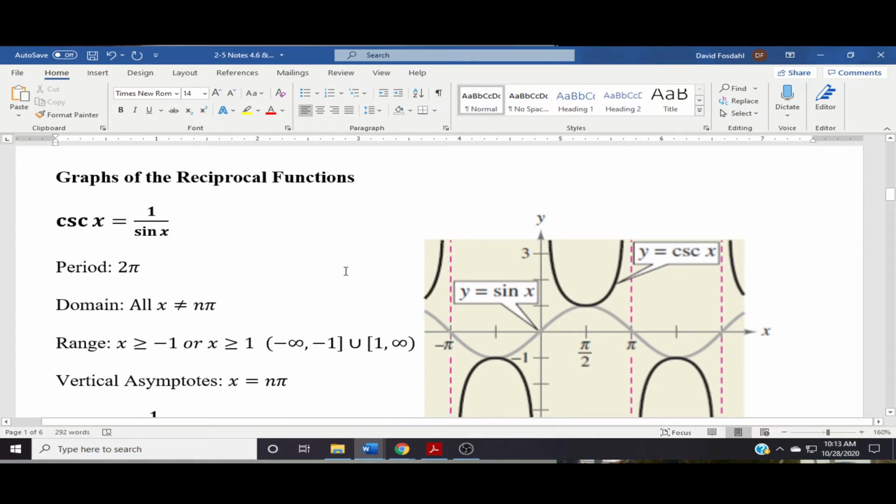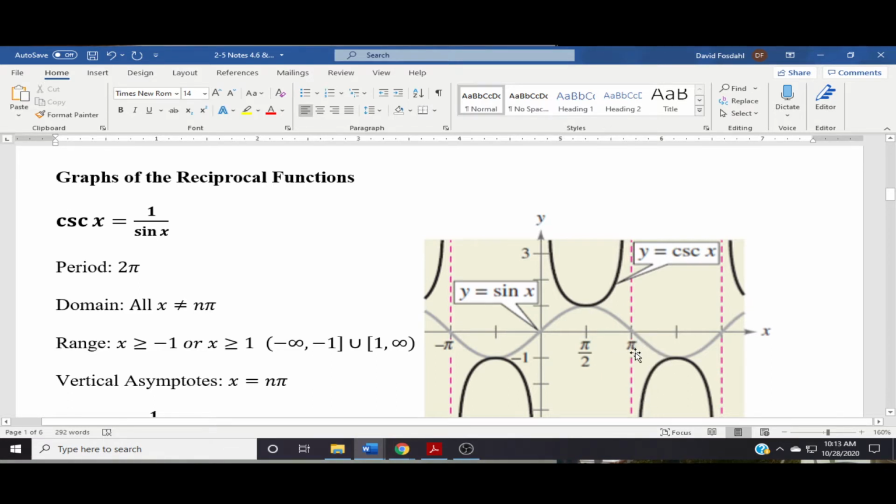Reciprocals are cosecant and secant. So cosecant, as you can see, is the reciprocal, meaning as sine decreases, cosecant will increase. As sine increases, cosecant will decrease.